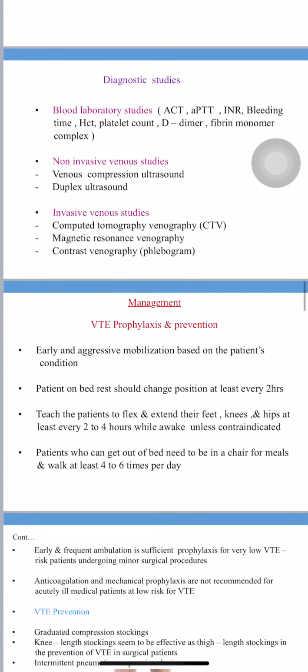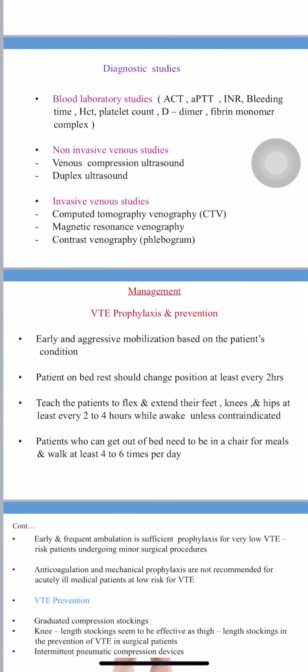Next we will move on to the management of venous thromboembolism, starting with prophylaxis and prevention.